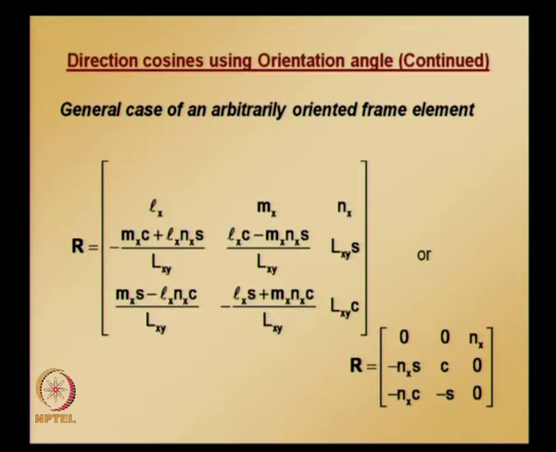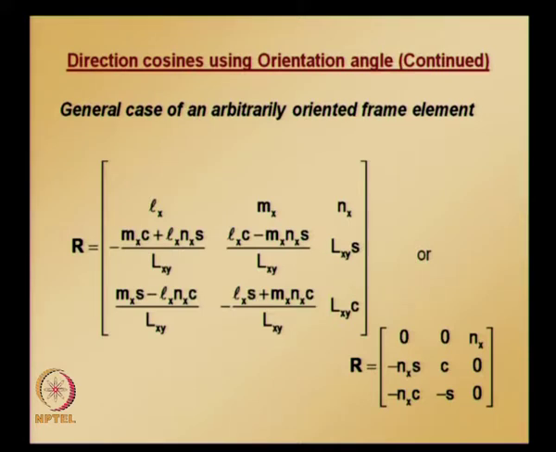It can be easily checked that in the limit Lxy tends to 0, the components which are there in the first rotation matrix reduce to what is given in the second rotation matrix. In these matrices you have C and S. C is cosine of alpha, S is sine of alpha.